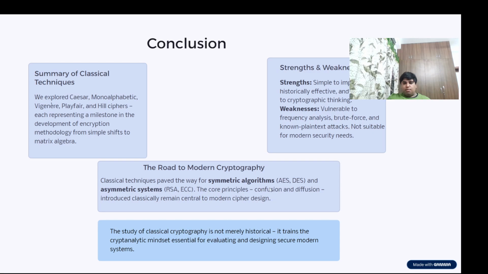The core principles behind these algorithms were of course confusion and diffusion, which were introduced classically and remain central to modern cipher design. The study of cryptography is not merely historical. It trains a cryptanalytic mindset essential for evaluating and designing secure modern systems.